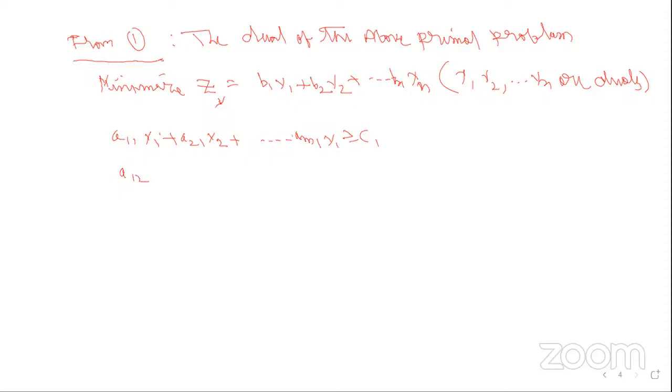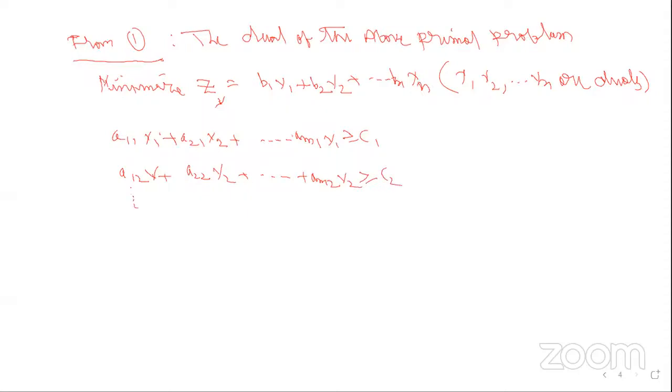Similarly, a12 y1 plus a22 y2 plus so on plus am2 ym is greater than or equal to c2.